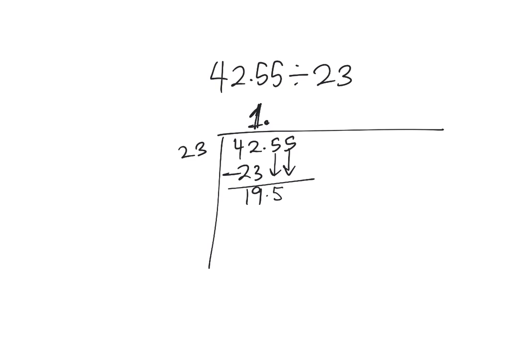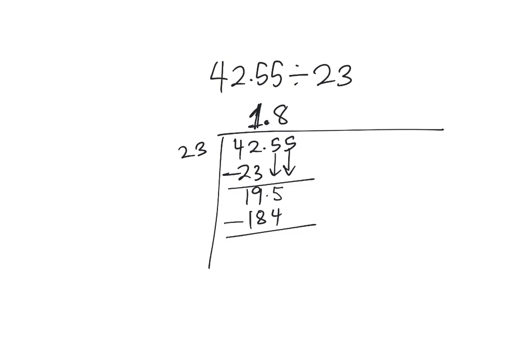And then 23 goes into 19 0 times, we know that. But then what about 23 into 195? If you say 195 divided by 23, that will give us an 8. So now we multiply 8 times 23. We get 184.